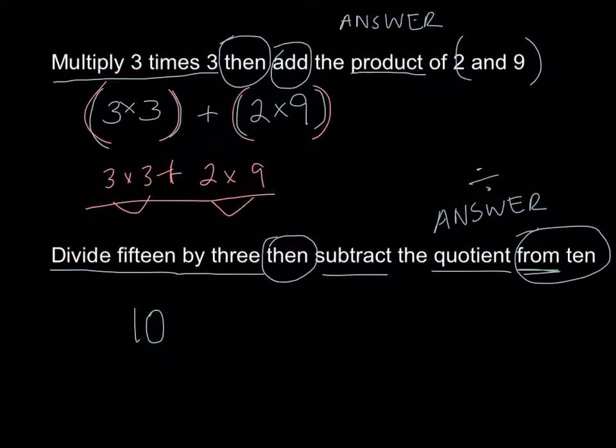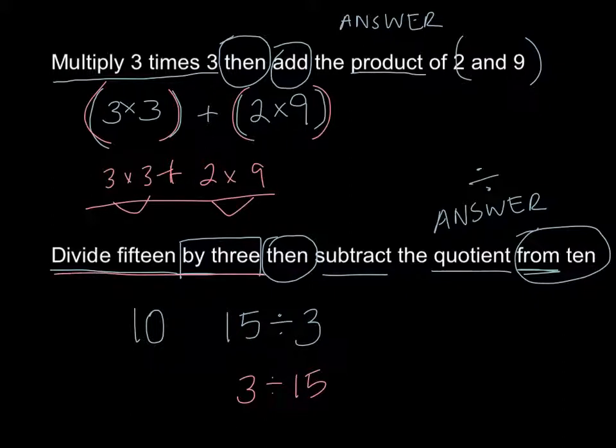Divide 15 by 3. So "by 3" means that it needs to look like 15 divided by 3. Now, if I were to write it this way, I could check myself by reading the words and then reading the problem. This says divide 15 by 3.